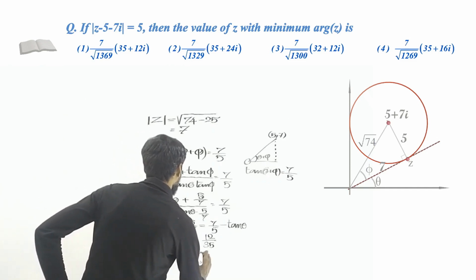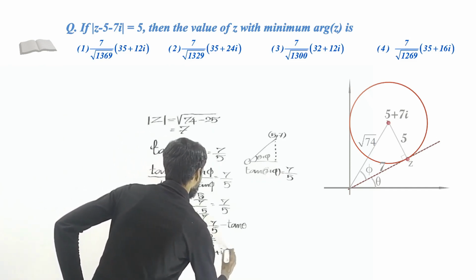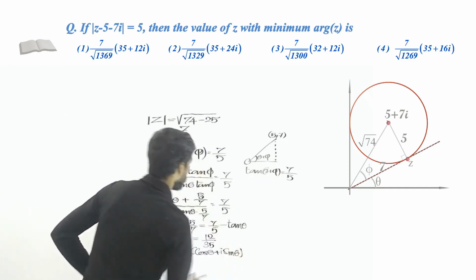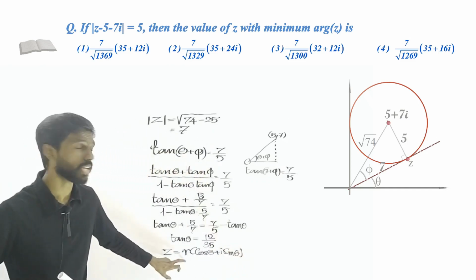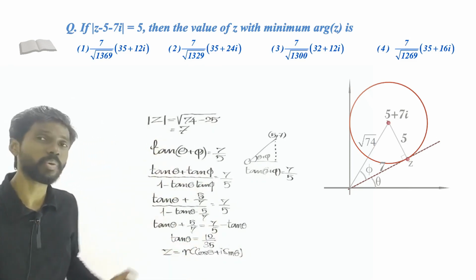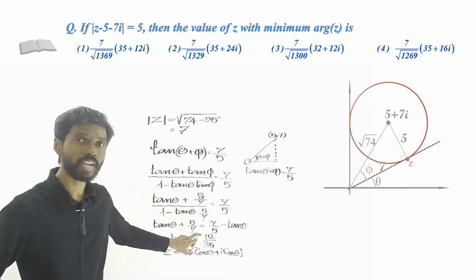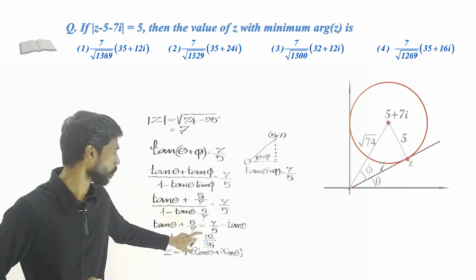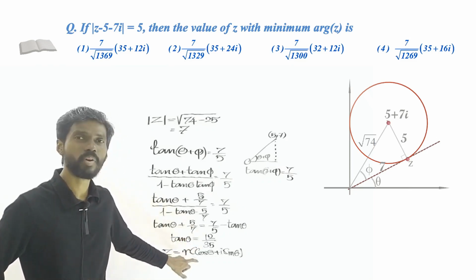So z equals r multiplied by cos theta plus i sin theta. But what is r? The modulus of z that we found already, so that is 7 multiplied by cos theta. Cos theta you have to find from that triangle. Because tan theta is known, 12 divided by 35, cos theta can be found, similarly sin theta.